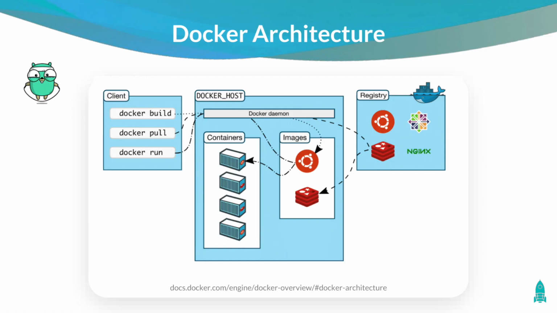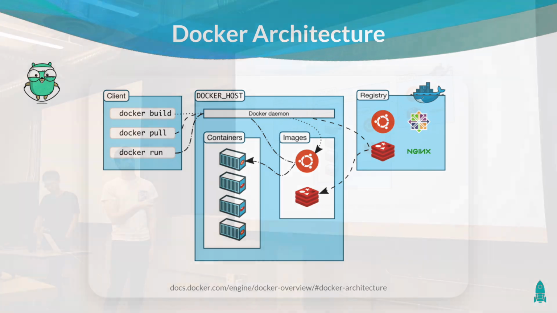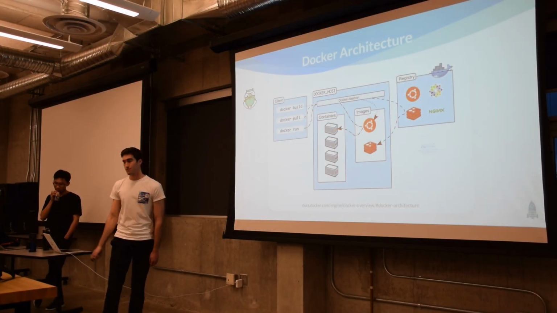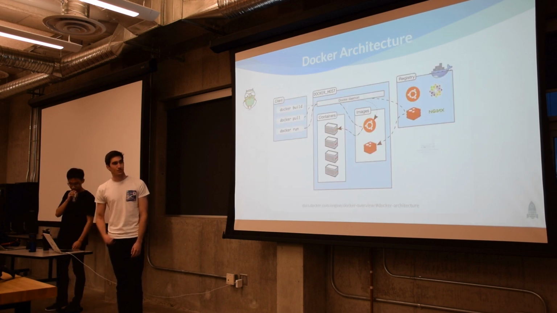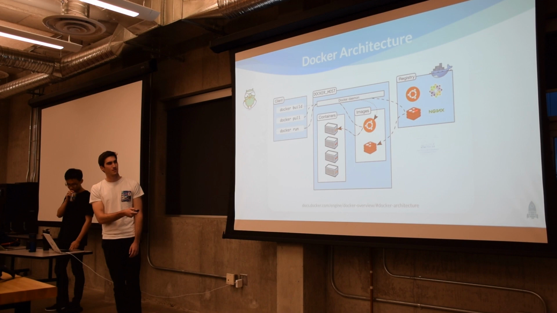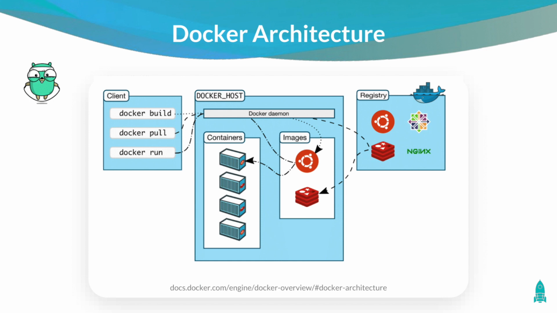And so what happens is you have your command line client. These are just regular commands that you type into your terminal. And that sends instructions to this Docker daemon, and the Docker daemon processes these orders that you're giving it, and it uses them to pull images, like I spoke about here. These images, for example Ubuntu or Redis, it takes from a registry, which is basically just files with descriptions of images on them.